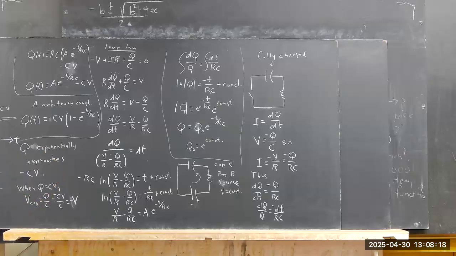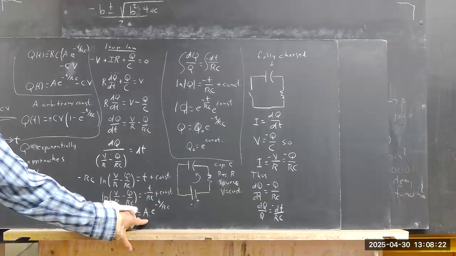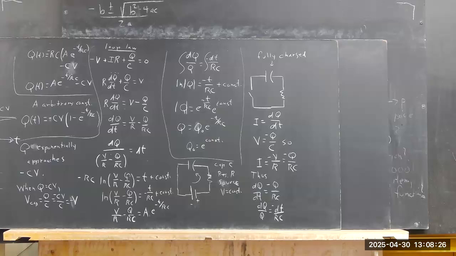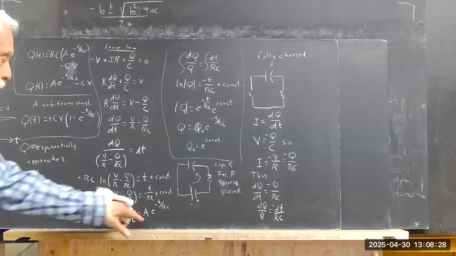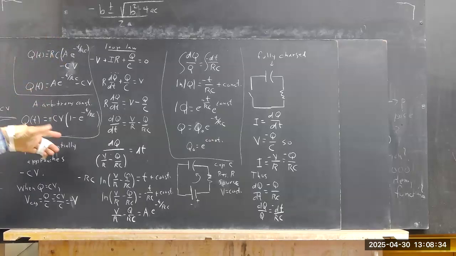And this is really straightforward if you don't make the mistake of using a Q naught here, which was a very bad idea. If I had used the arbitrary constant, I would have seen that it absorbed the negative RC here. Your book also derives it. Okay, that's important to understand about exponentials.